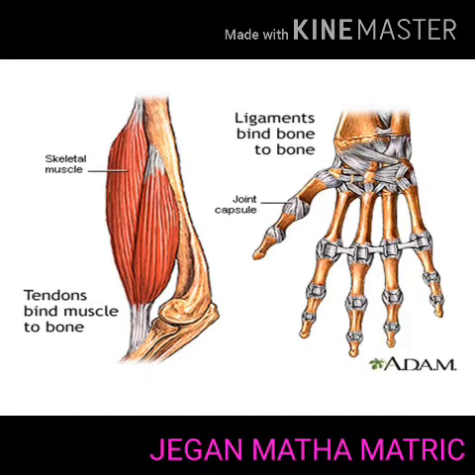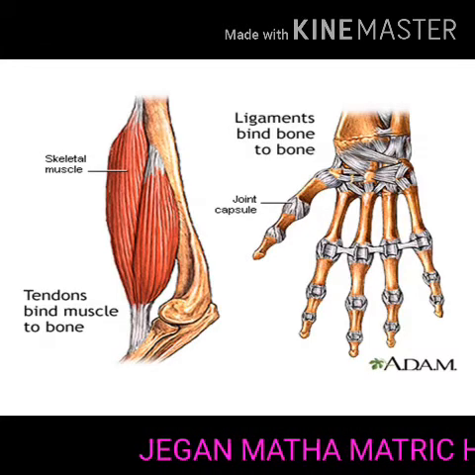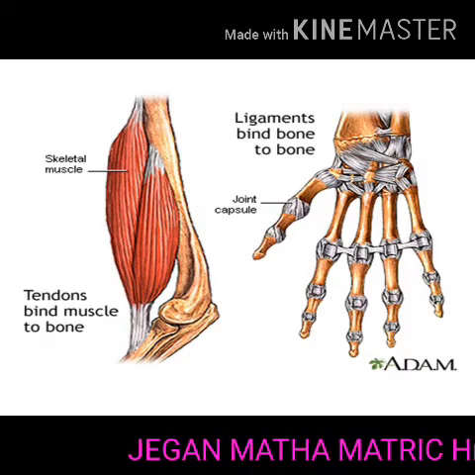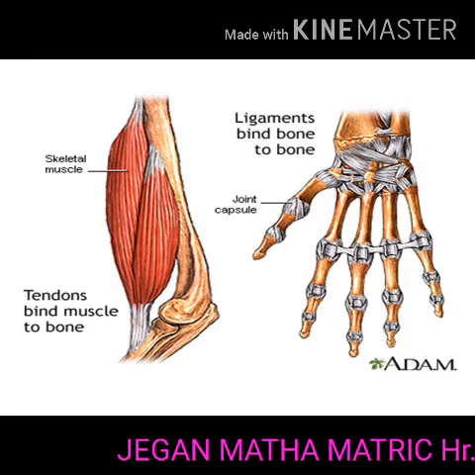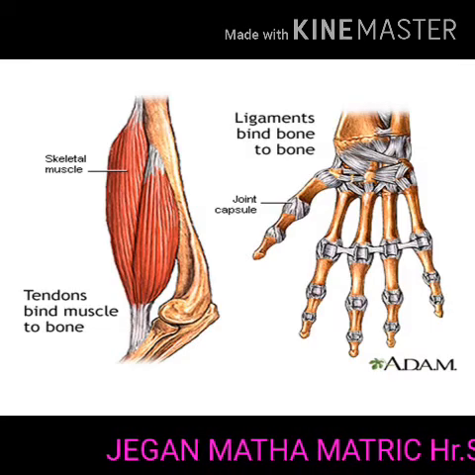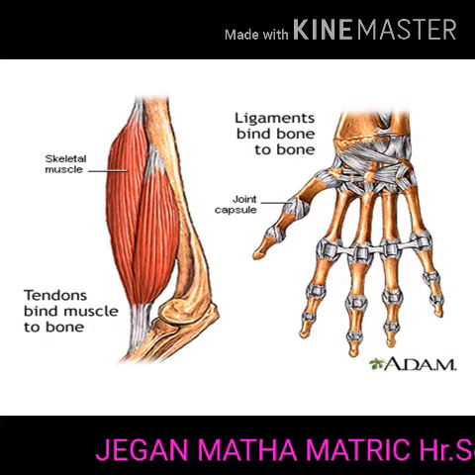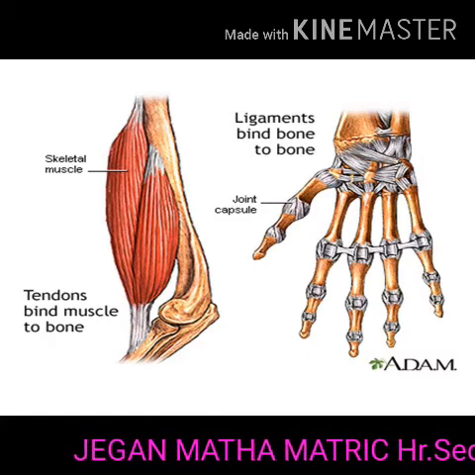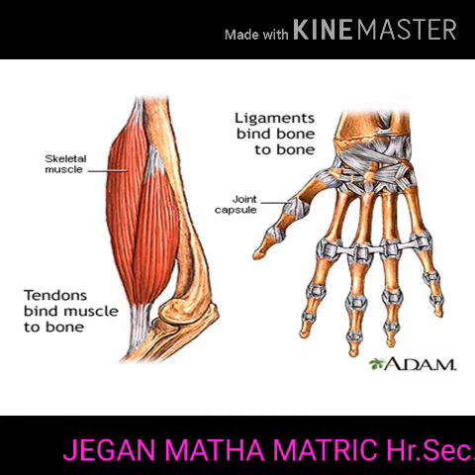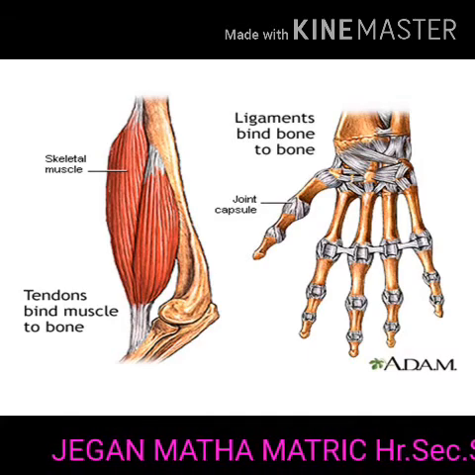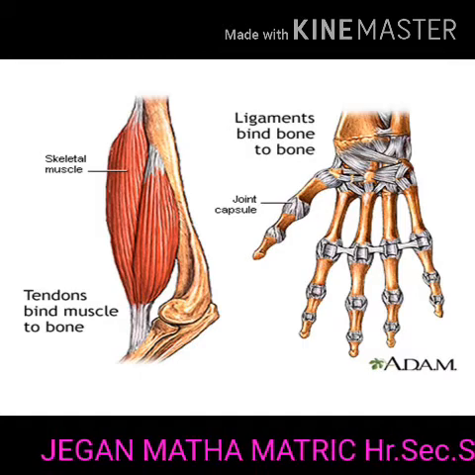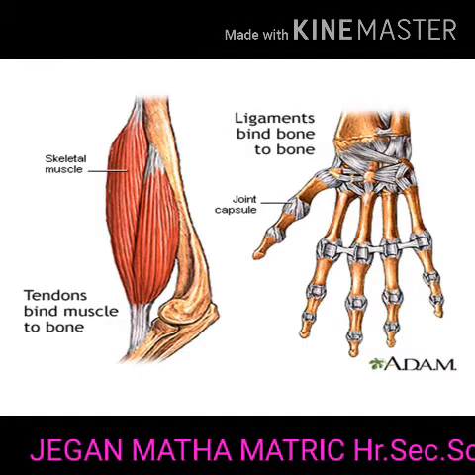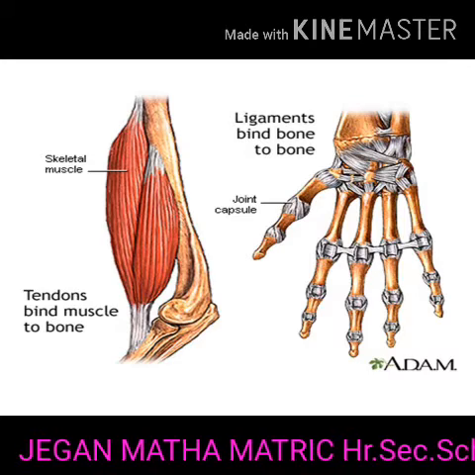They are cord-like, strong structures that join skeletal muscles to the bones. Tendons have great strength and limited flexibility. They consist of parallel bundles of collagen fibers, between which are present rows of fibroblasts.